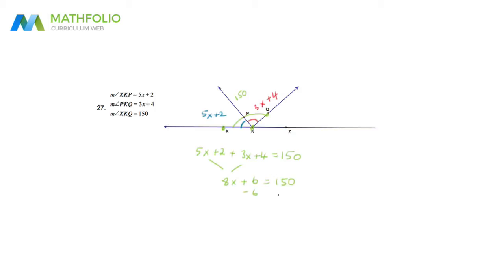So now when we start to solve this, minus 6 minus 6, we have 8x equals 144. So now divide by 8, divide by 8, so you have x equals. Now if this is difficult to do in your head, you could break it down, or you could just go for your long division here.